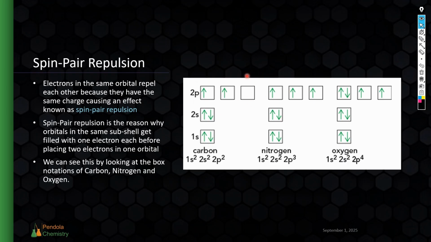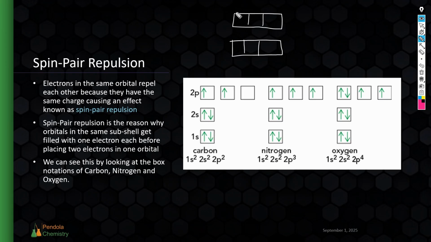However, once we get to the p sublevel, or d or f, where we have orbitals in the same sublevel with the same energy, that's when we start having alternatives. So spin pair repulsion is going to be something to consider. When we have 3 orbitals in the same sublevel, we draw 3 orbitals. I'm going to draw here the 2p's.